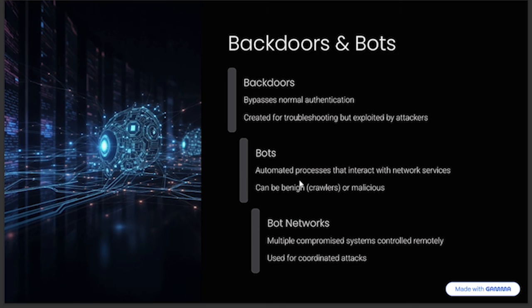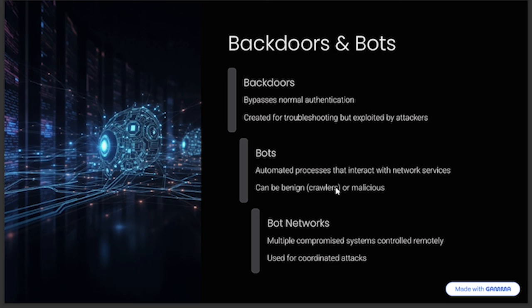Looking at bots. A bot is an automated process that interacts with other network services. Some bot programs run automatically, while others only execute commands when they receive specific input.